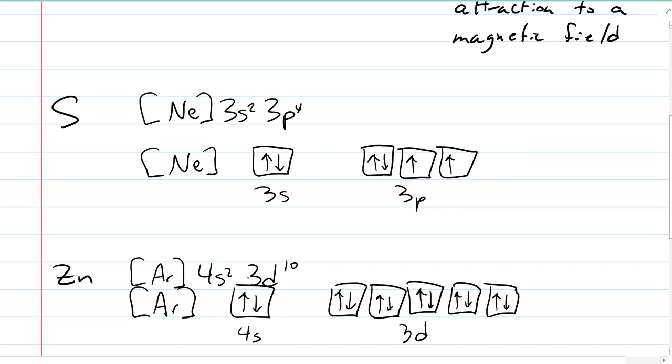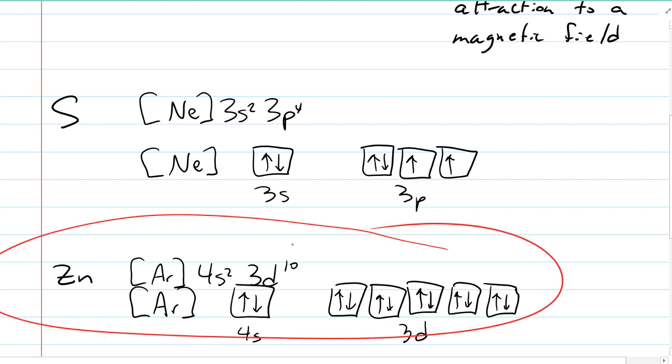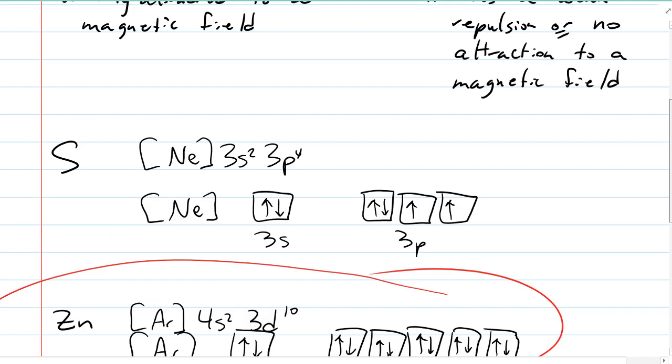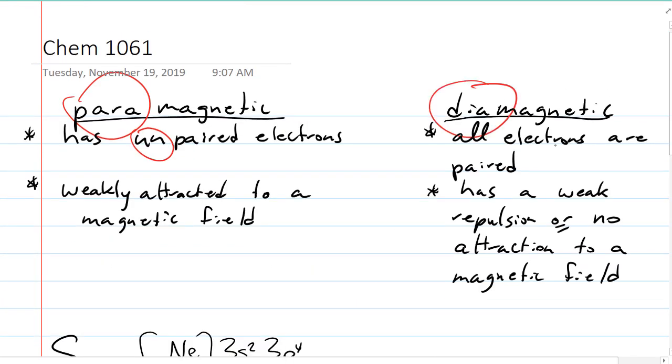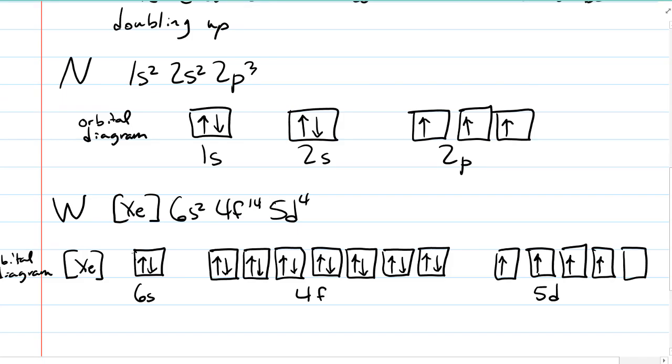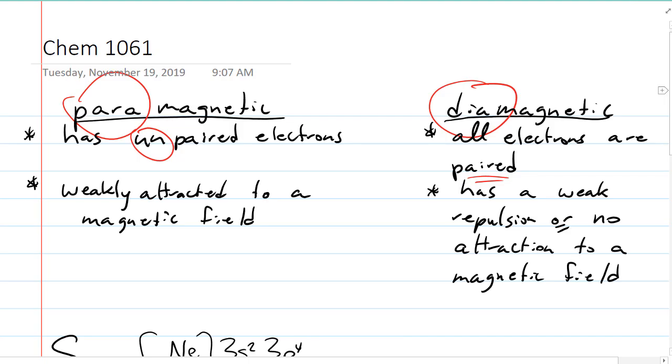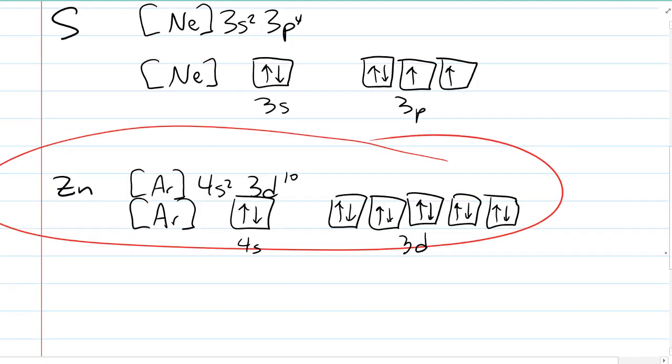And then if we go to zinc, which has 0 unpaired electrons, that would tell us that zinc is not paramagnetic, but rather would be diamagnetic, because in this case, all of the electrons are paired up. So again, we look at the pairing of the electrons in those orbitals. Any questions on any of these?